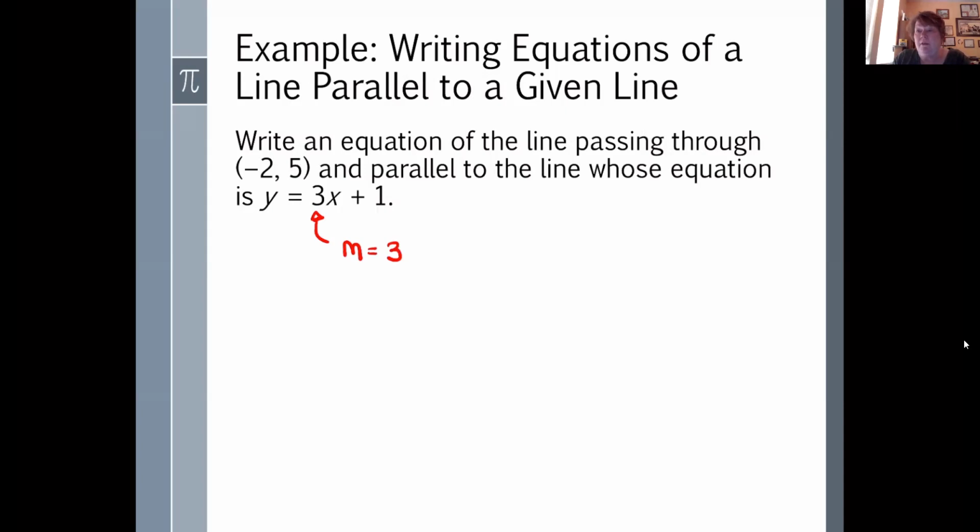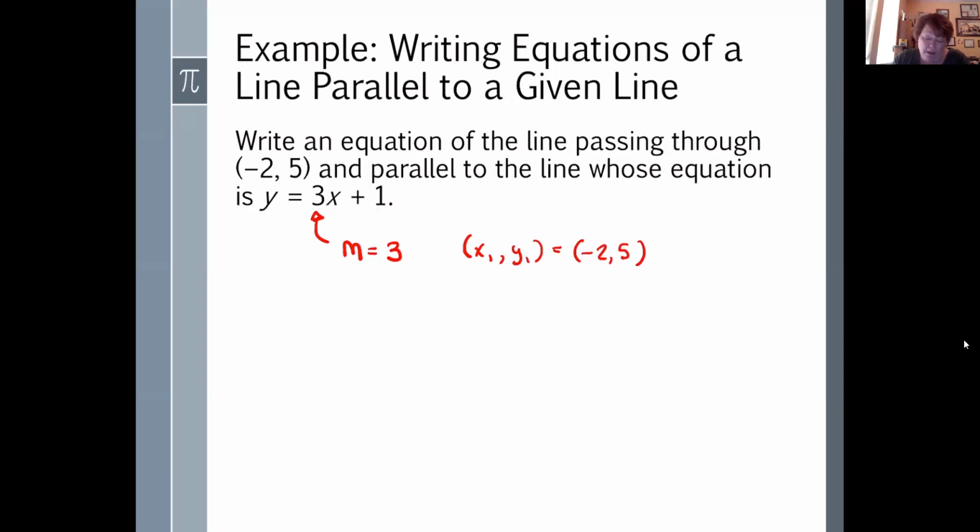We are also given a point, so we could call that x sub 1, y sub 1, and that is -2, 5. So now that I have the slope and a point, I can use the point slope form of the line to find the equation of the line.